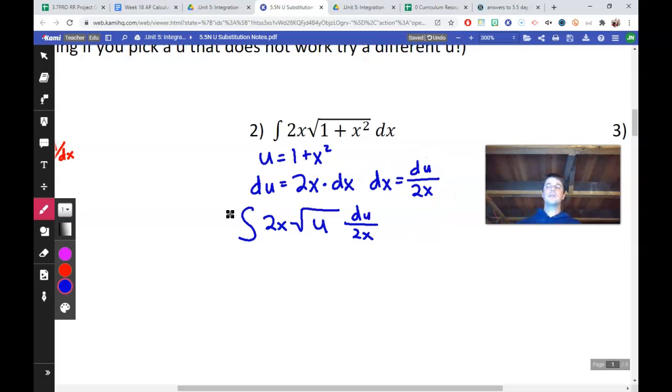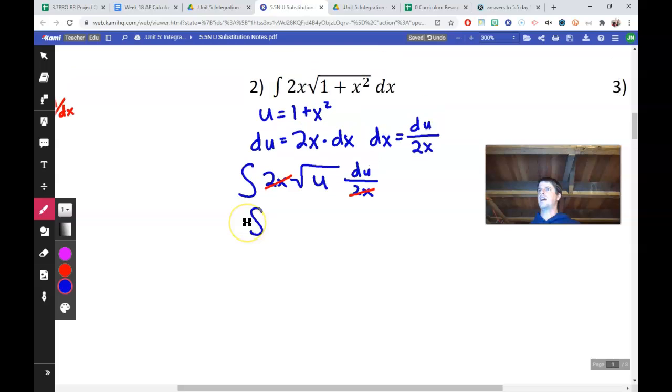And now it's this step, I need to make sure all my x's, I get rid of them. And look, I have 2x divided by 2x, so I can actually divide those out. And I now have an integration without any x's. Perfect. Let's rewrite this in terms of u to the 1/2 power, just because that's a bit easier to integrate.